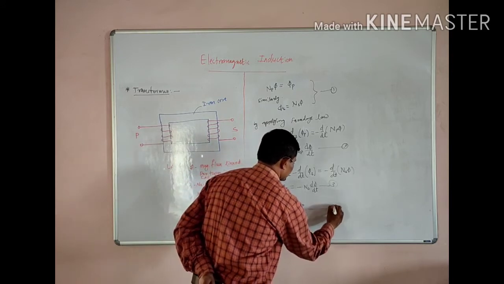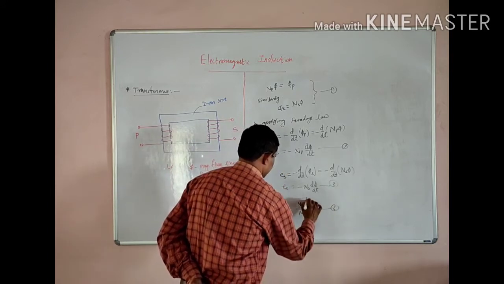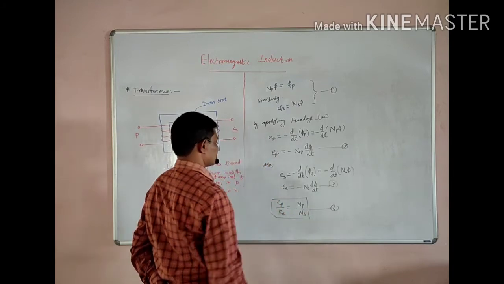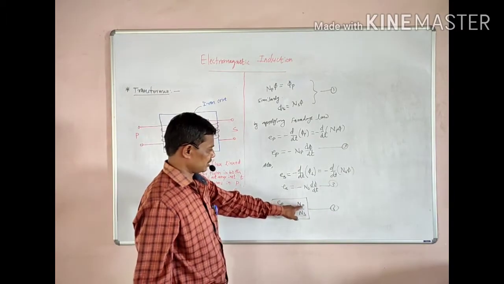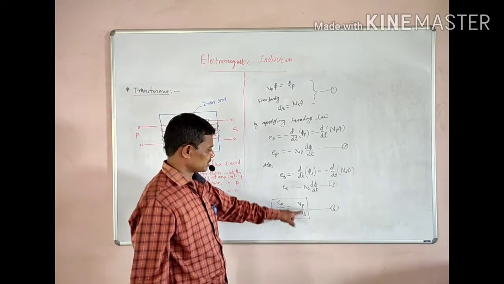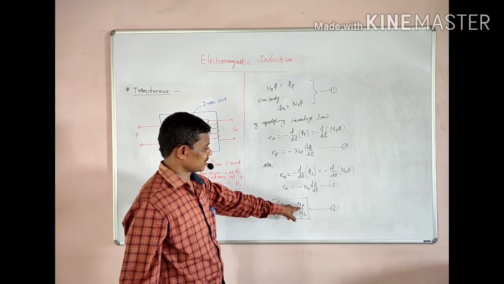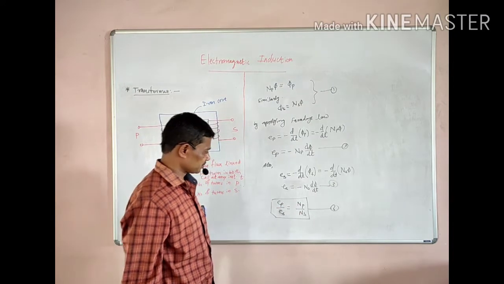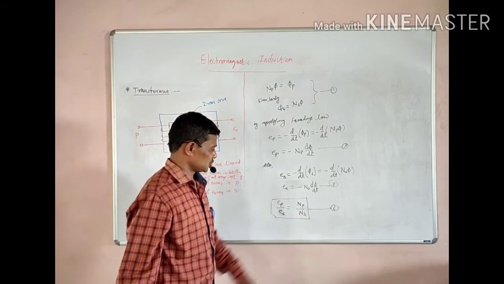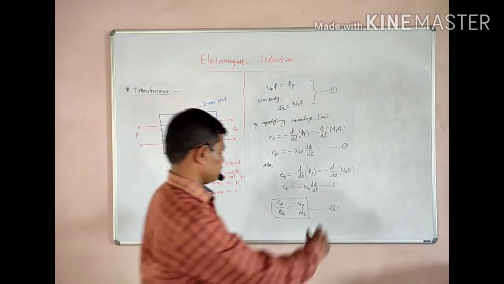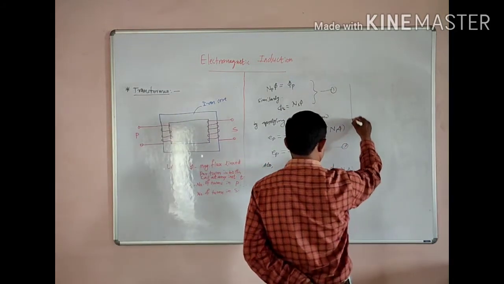Suppose this is equation 4. This equation is known as the transformer equation. It is also the ratio of the number of turns present in the primary to the number of turns present in the secondary coil, which is also known as the turn ratio, or in other words, the transformer ratio.